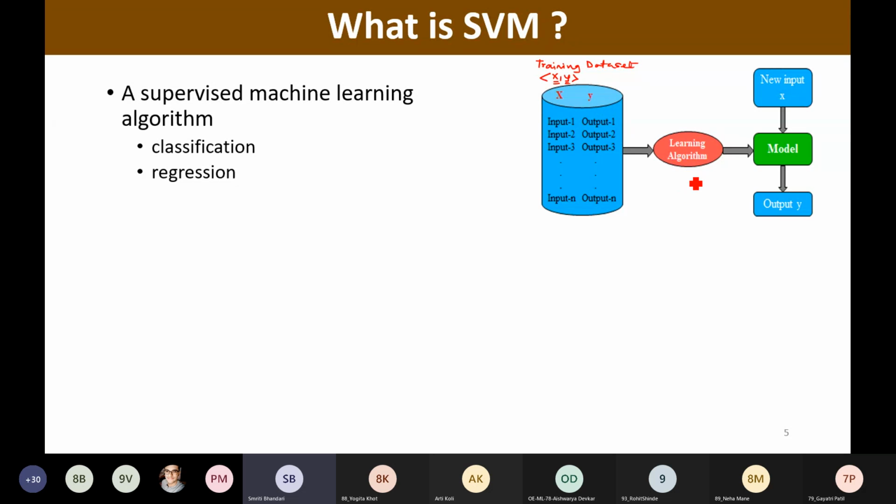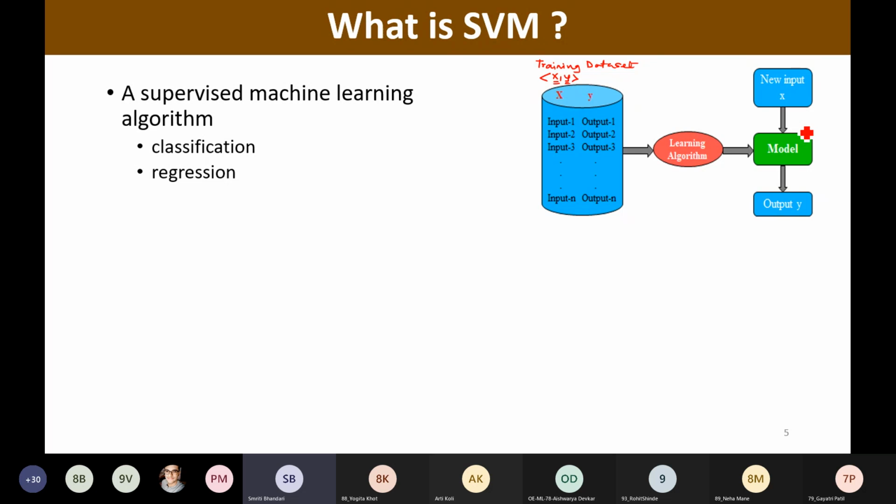Then we are making use of some learning algorithm which will learn from this training data set. After learning, this learning algorithm will prepare a model, right? Or this learning algorithm will give us some hypothesis, and based on that model, it is possible for us to test the unseen data.